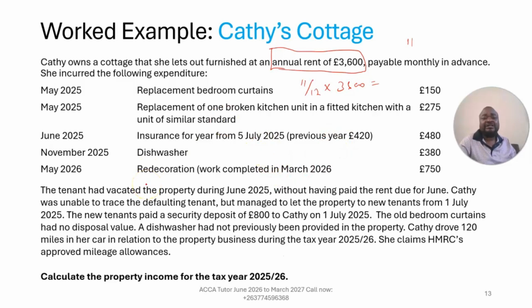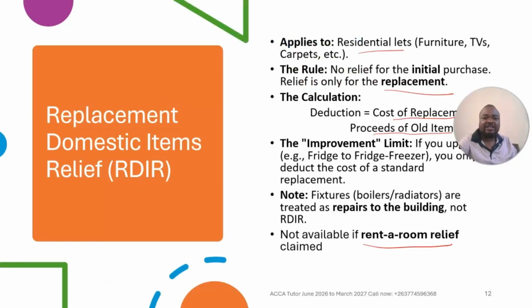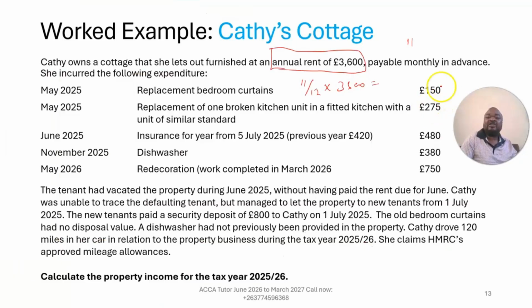Now let's come to the allowable deductions. Replacement of bedroom curtains, 150. Yes, the replacement is going to attract the replacement domestic items relief. This relief is going to be reduced by any proceeds if the curtains had a disposal value.